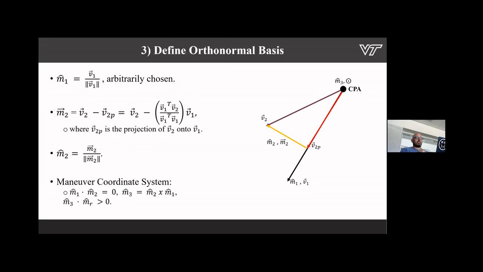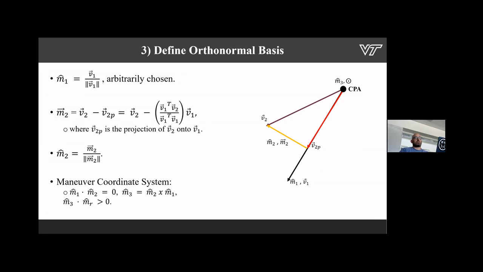You're basically subtracting the projection of the second velocity vector from the second velocity vector, and that gives you that yellow perpendicular unit vector. So you have your M1 hat, M2 hat.